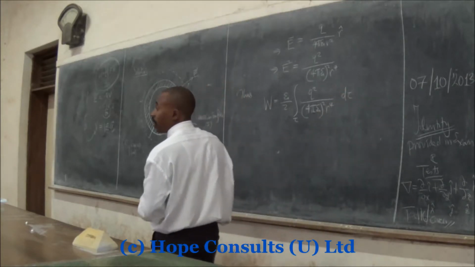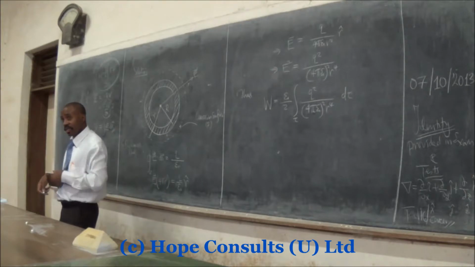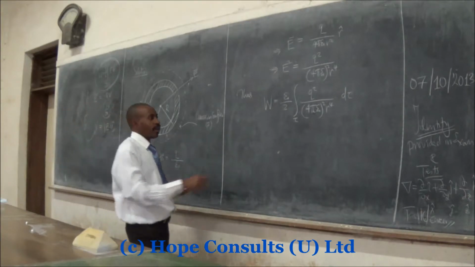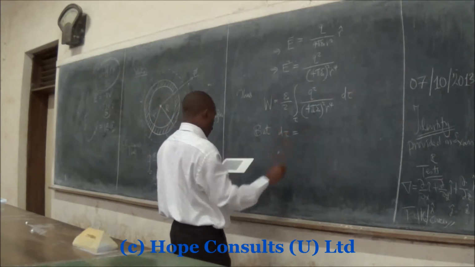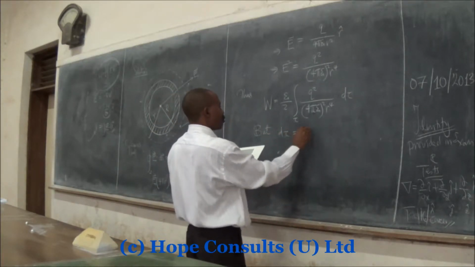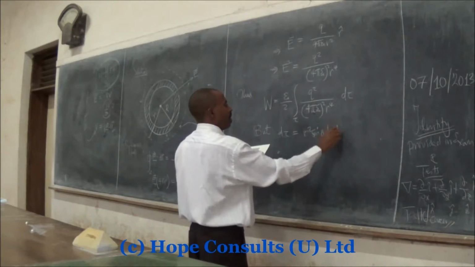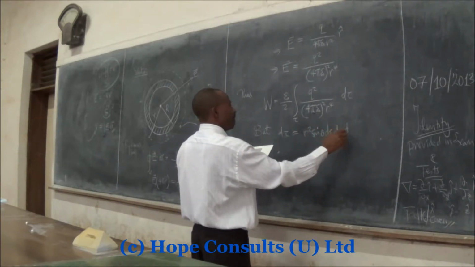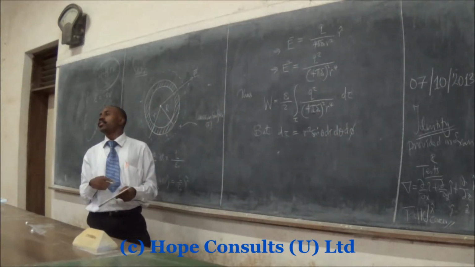So this is where you'll be using the identities which will be given in your test. d tau is equal to r squared sine theta dr d theta d phi. It is an identity.